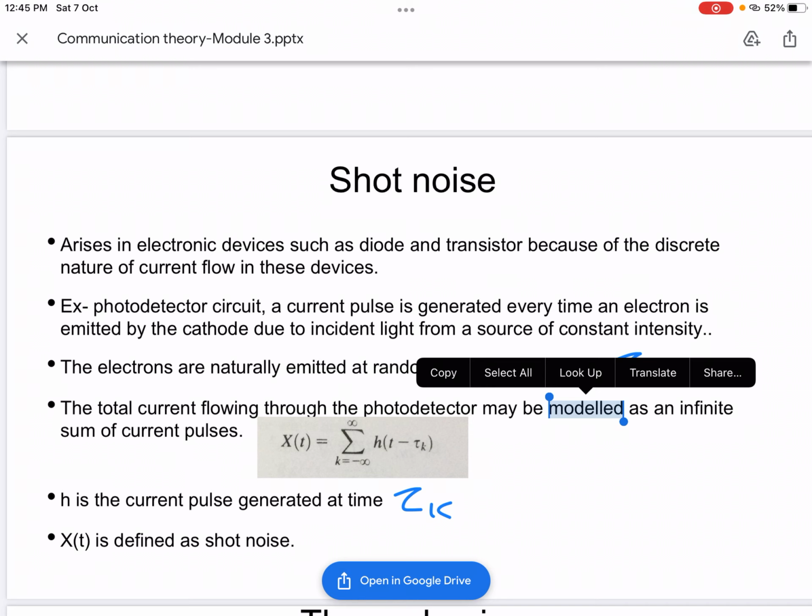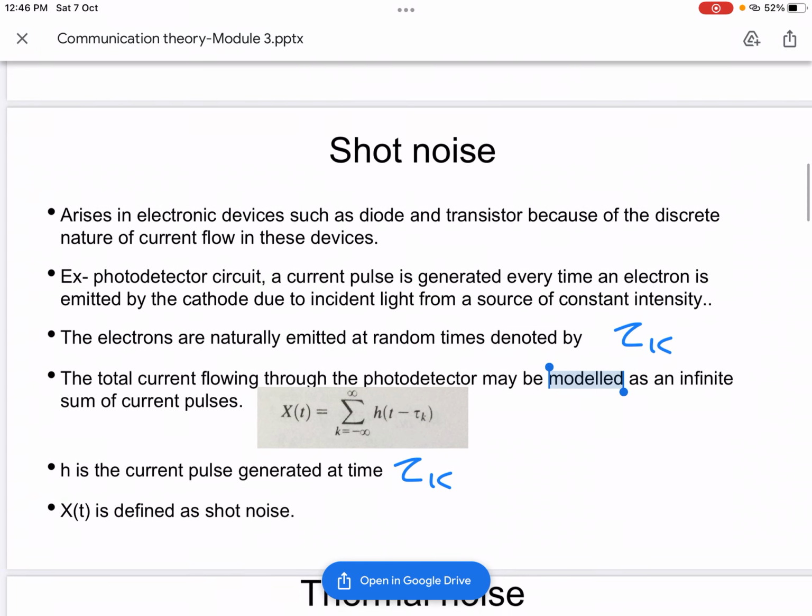The total number of electrons emitted between the interval t and t plus t naught is given by v is equal to N of t plus t naught minus N of t. This follows a Poisson distribution, and we can have a mean of x of t, and a sample function of a Poisson counting process.